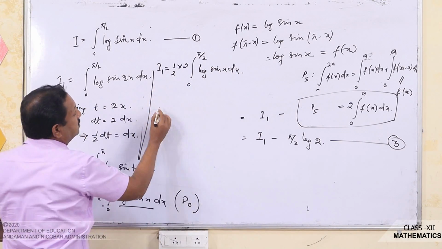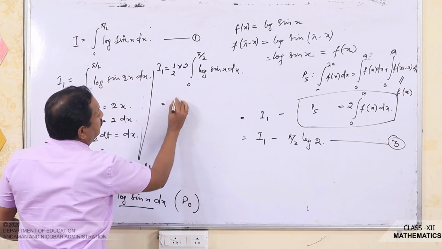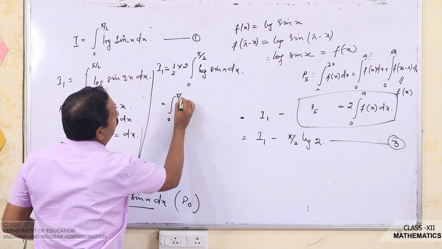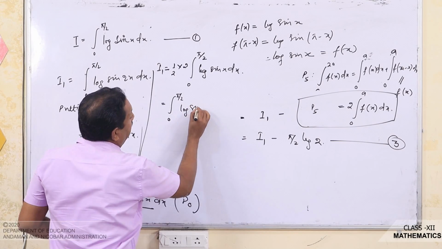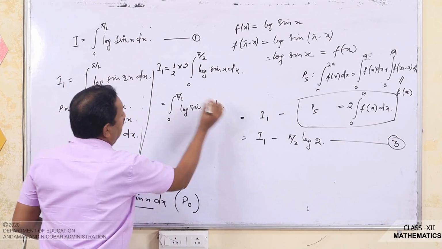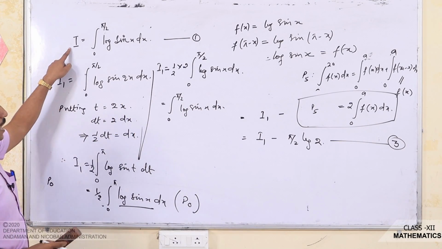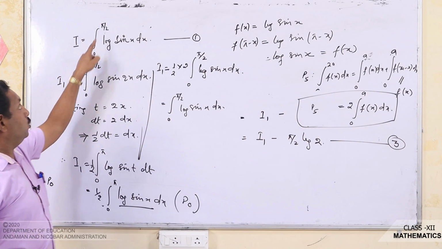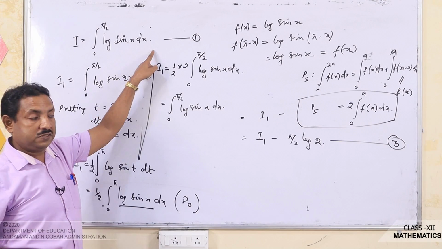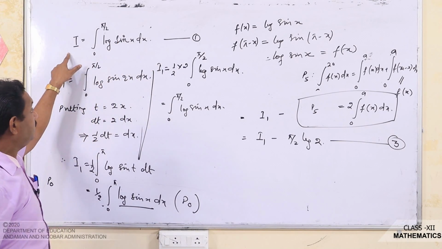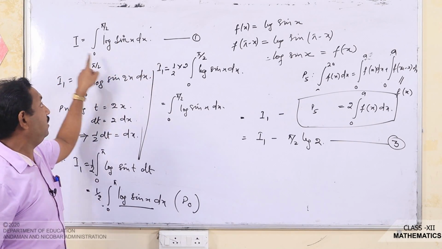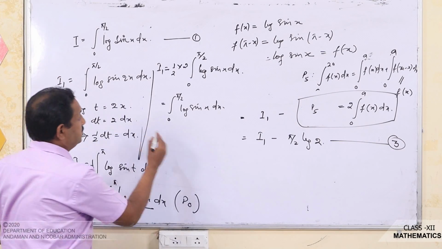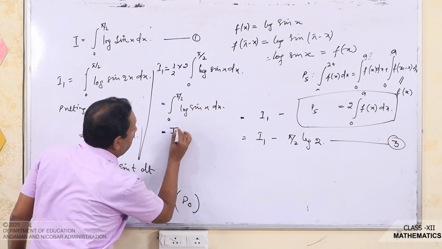These two will cancel out. So that is equal to 0 to pi by 2 log of sin x dx. Now look here, this is I, your equation 1, that is 0 to pi by 2 log sin x dx, exactly the same thing as I, that means your I1 and I are the same. So I can write this as I.